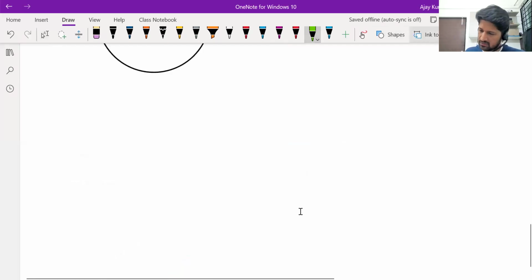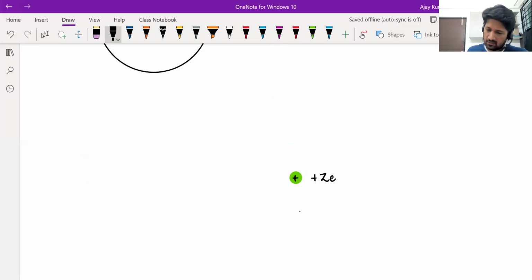Now, you assume this is the nucleus, positively charged nucleus. And let's say the nucleus has Z number of protons, then its charge will be plus Ze. The alpha particle which is directed straight towards it suffers a deviation of 180 degrees.